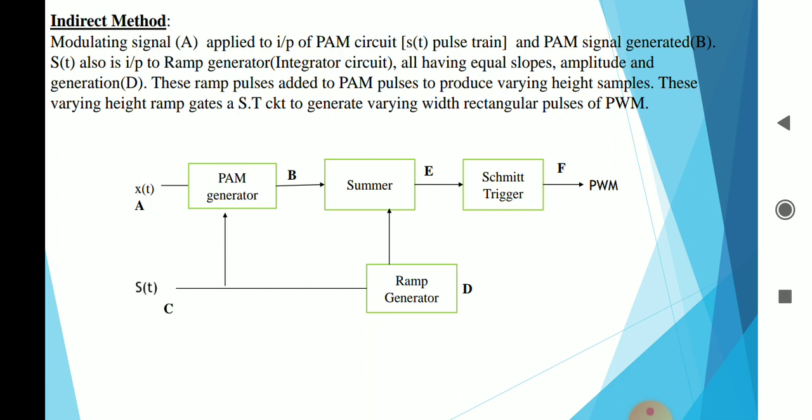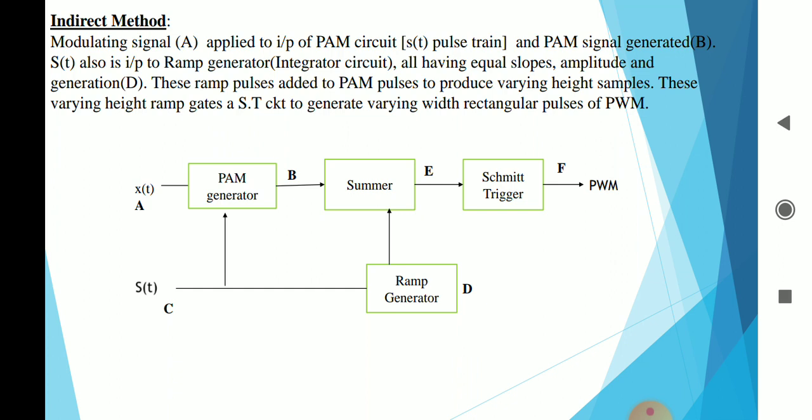That means the ramp generator produces a ramp signal of constant slope for each and every cycle of the pulse signal. Because s of t is a carrier signal which has a constant on time and off time for every pulse cycle, the ramp signal will be constant.